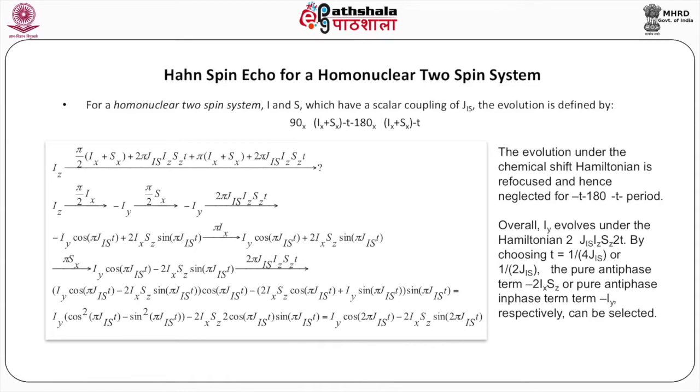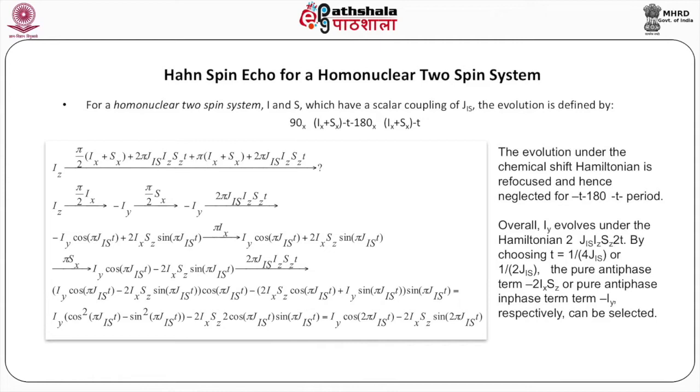So, here we also apply the chemical shift Hamiltonian, the pulse Hamiltonian and the coupling constant Hamiltonian. The evolution under the chemical shift Hamiltonian is refocused and hence neglected for the t 180 degree t period, as we just discussed in the previous slide.